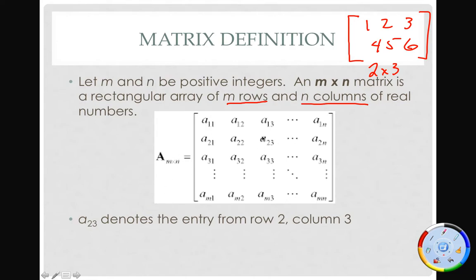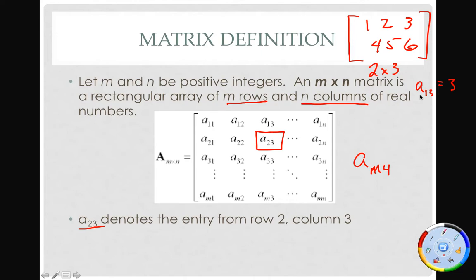If you go down to A23, this represents row 2, column 3. So if I said, what is M4? I would go down to row m and the 4th column over, whatever value is in there. Or if up here I said A13, row 1, column 3, that is going to equal 3.